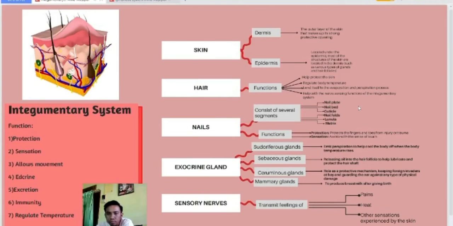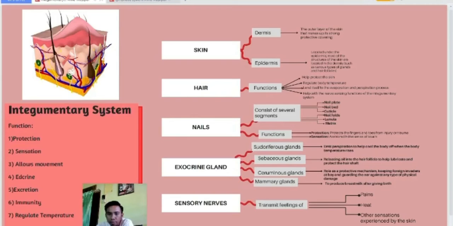Nails consist of several segments: nail plate, nail bed, cuticle, nail fold, lunula, and matrix. The function of nails is to protect the fingers and toes from injury or trauma, and to assist with the sense of touch.